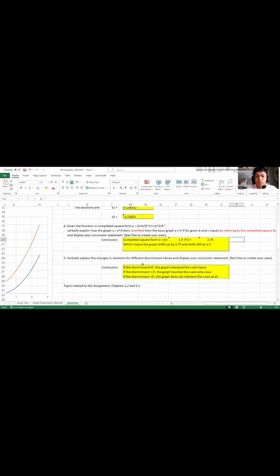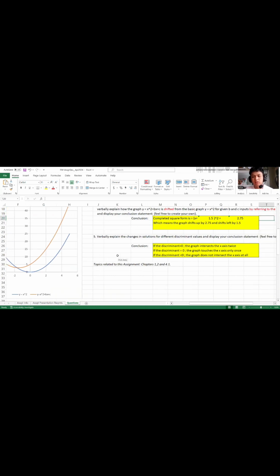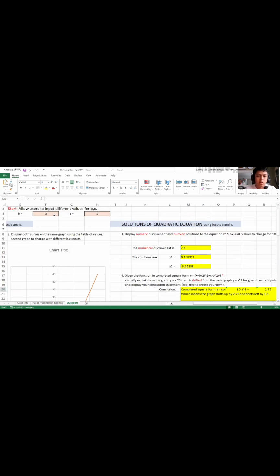Now, moving on to question 5, if the discriminant is less than 0, which is the case over here, the graph doesn't intersect the x-axis at all. Now, let's say that the discriminant does equal exactly 0.